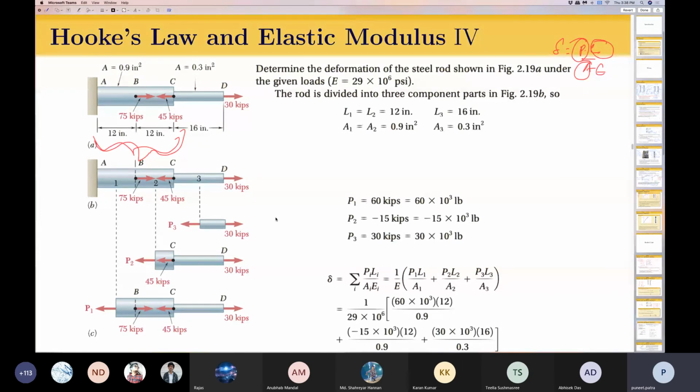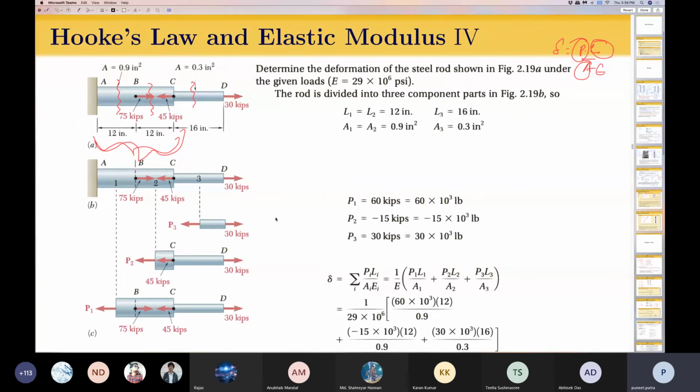But over here, from your free body diagram, you would see that the P at the cross section between B and C is going to be different from the P at the cross section between A and B, and the P at the cross section between C and D is going to be different from the rest of the two.